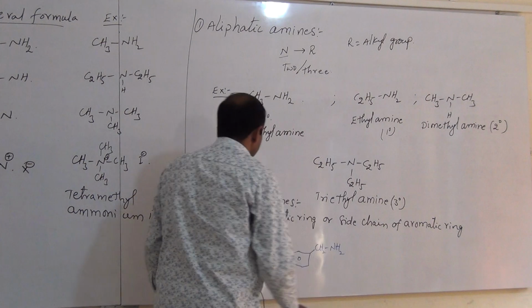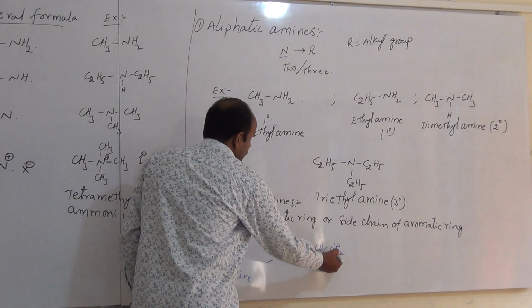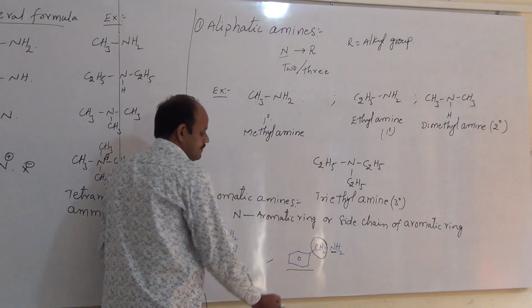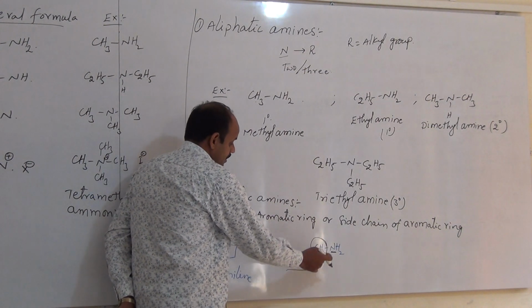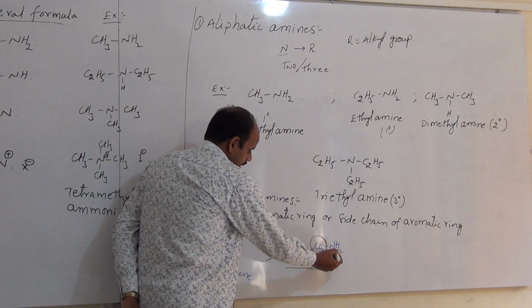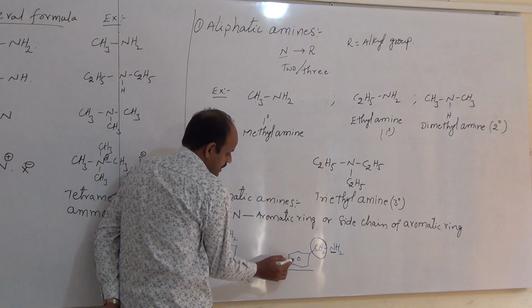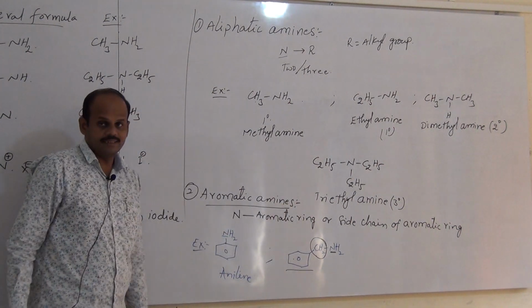It is also called as aromatic amine because here this nitrogen atom is attached to side chain of aromatic ring. This is the side chain of aromatic benzene ring, in which this nitrogen atom is directly attached to side chain of this aromatic benzene ring. Hence, it is also called as aromatic amines.